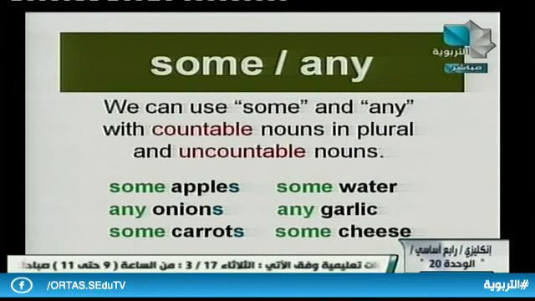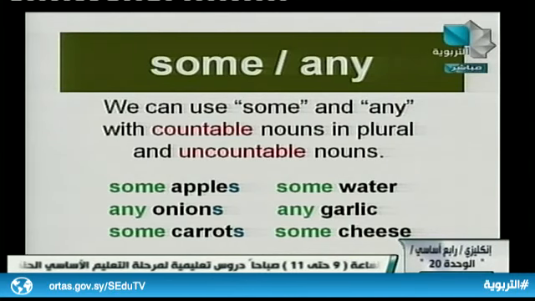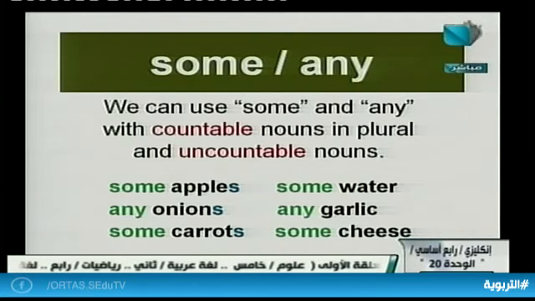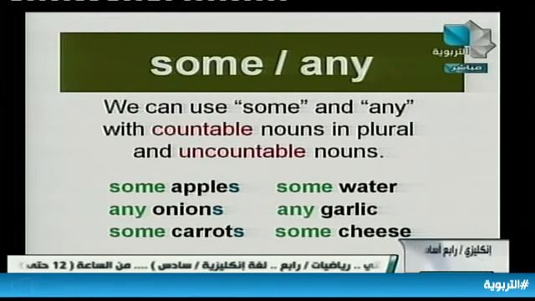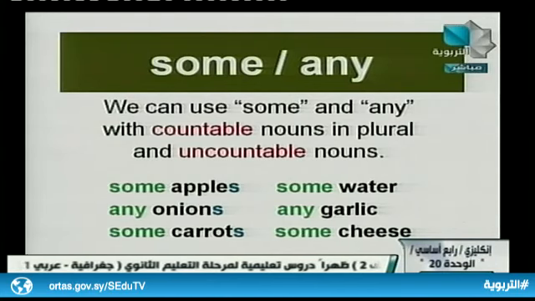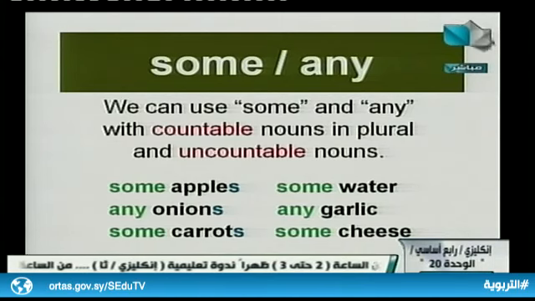As you see, my students, some apples, any onions, some carrots. The words apples, onions, and carrots are countable nouns. Some water, any garlic, some cheese. These words, water, garlic, cheese, are uncountable nouns. So we can use some and any with countable nouns in plural and uncountable nouns.